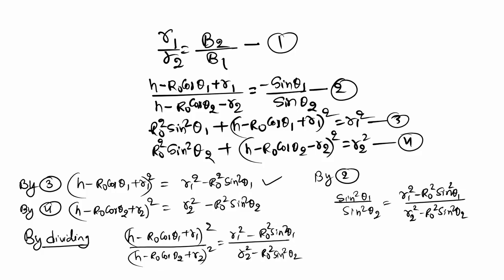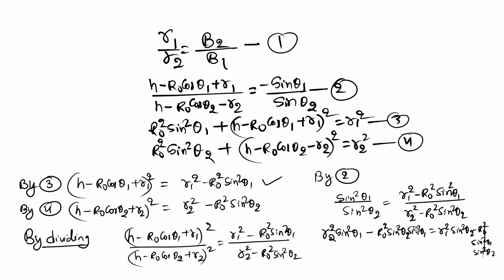You can solve in other ways also, by elimination or some other method. We just have to solve these three equations basically. So here, if I do the cross multiplication, we'll get R2 squared sine squared theta 1 minus R0 squared sine squared theta 2 sine squared theta 1 is equal to R1 squared sine squared theta 2 minus R0 squared sine squared theta 1 sine squared theta 2.